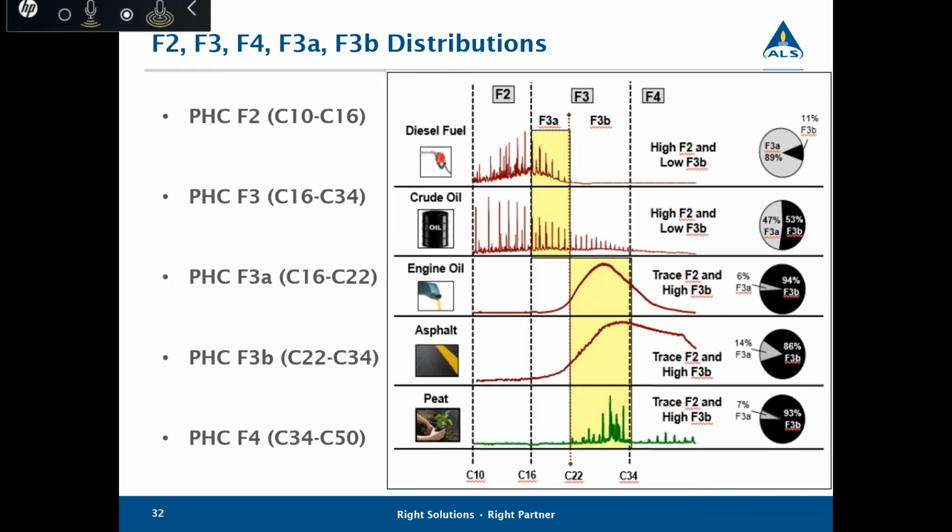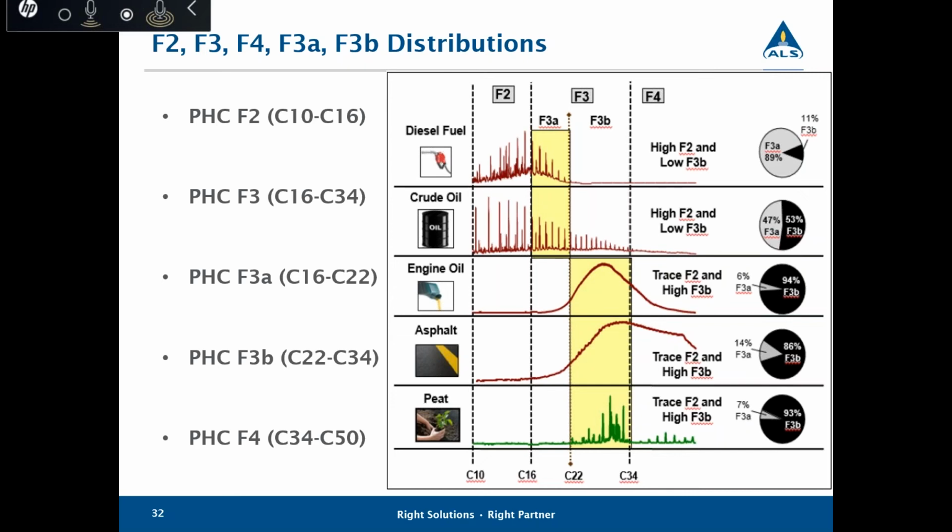When we look at the engine oil, we see a trace of F2, a very high F3B fraction, and F4 may be detectable, but it's going down. The same is true with asphalt, traces of F2 and high F3. And the same is observed in the peat samples, traces of F2 and high F3B.